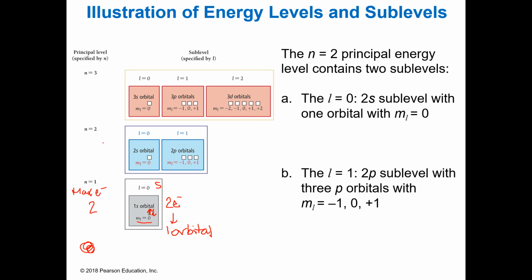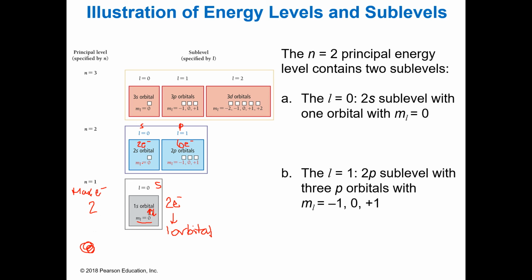Okay, so let's move to shell number 2. Shell number 2 is broken up into 2 subshells, the S subshell and the P subshell. I know that because it's 0 through n minus 1. The S subshell we know only holds 2 electrons. It doesn't matter that it's 2s or 1s. The 1 here is just because it's shell number 1. The 2s here is because it's shell number 2. And then we know that the P subshell, all P subshells, doesn't matter what shell it's in, holds 6 electrons.